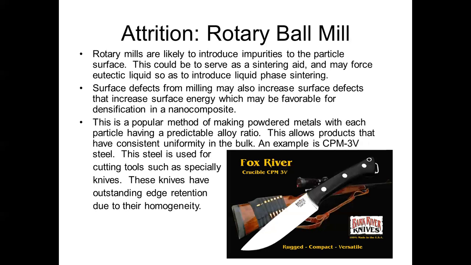They might be $25 US, but I imagine that this Bark River knife, because it's a custom knife and uses what they would call a super steel, this CPM-3V steel, is probably going to cost an order of magnitude more. This knife might be $200 or $300.